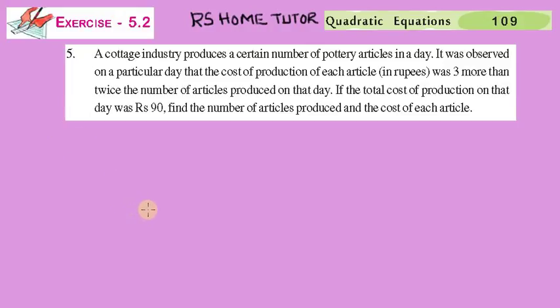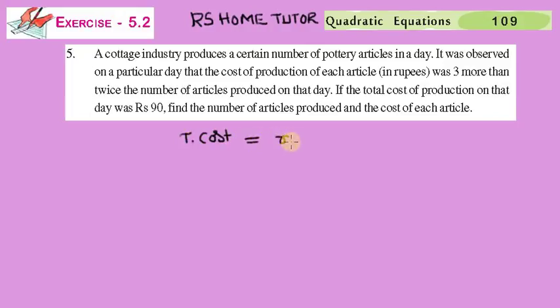So put the question, how to get the cost? The simple formula: when you need the total cost, it is dependent on two things.